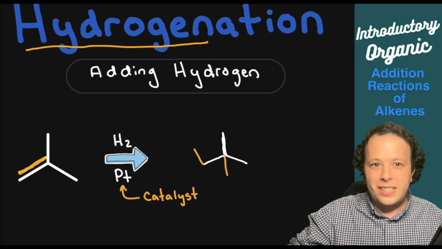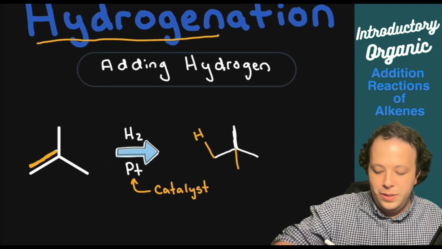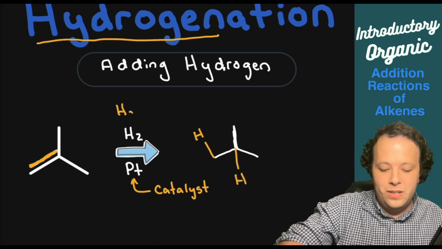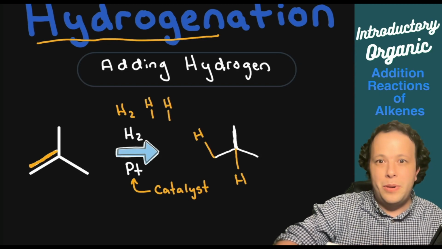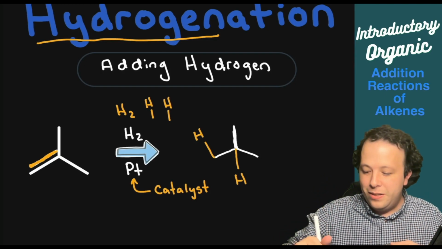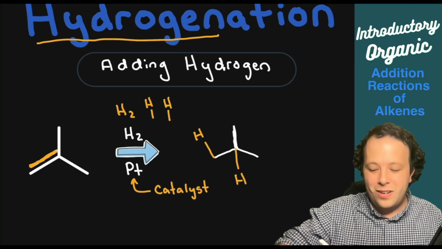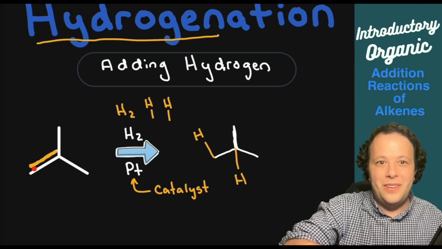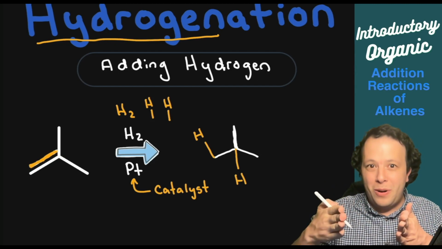We are opening it to show that we are going to be adding a hydrogen to each component. So whenever we have H2, that is telling you that we have a hydrogen being added to both sides of the double bond as we are opening that up. So as we can see, one hydrogen gets added on one carbon, one on the other, which is where our locations of our double bond were. So we add a hydrogen to both parts.